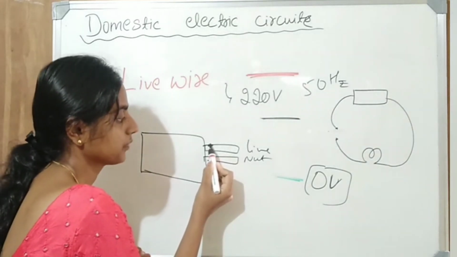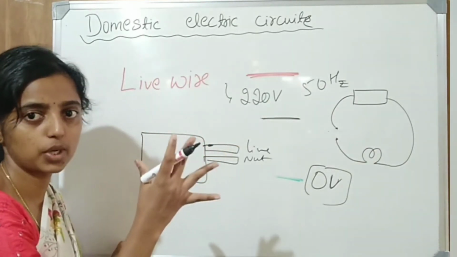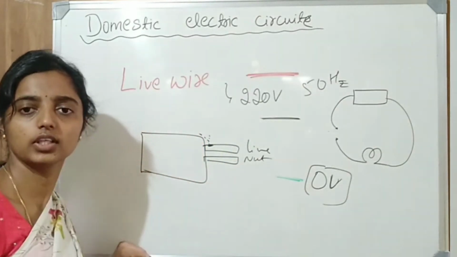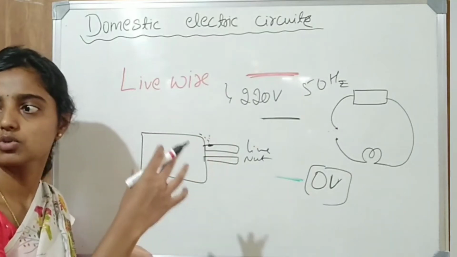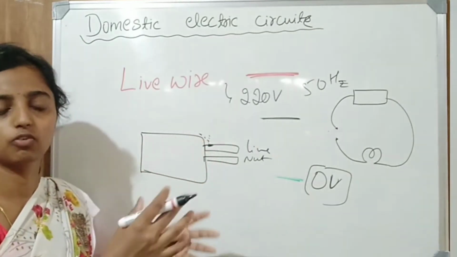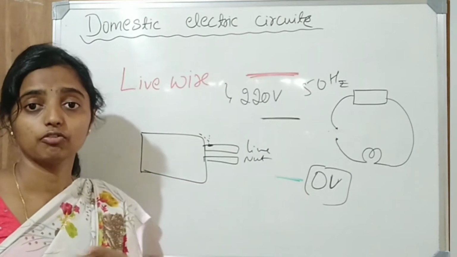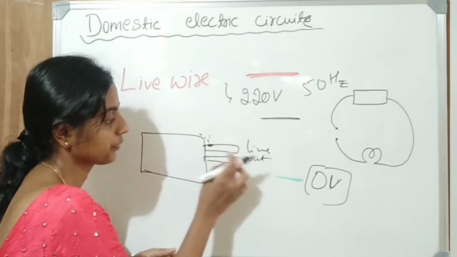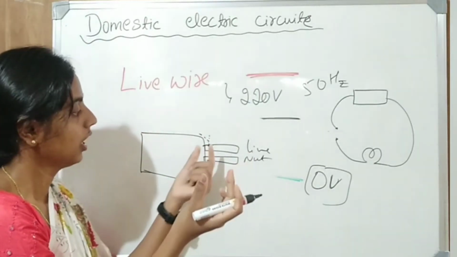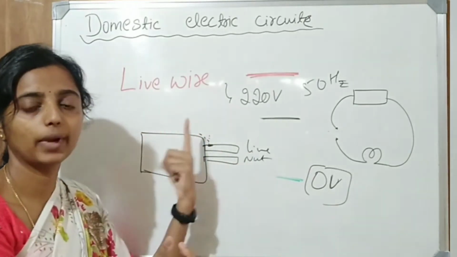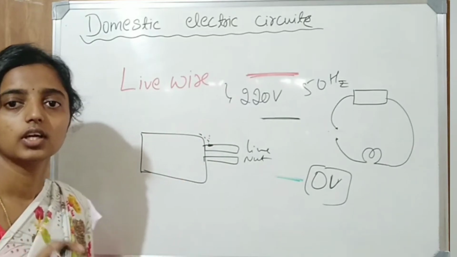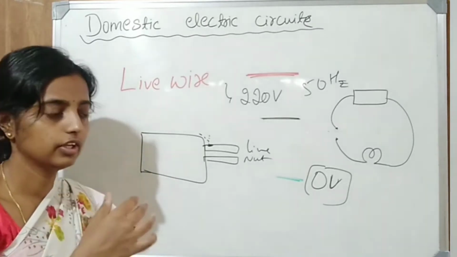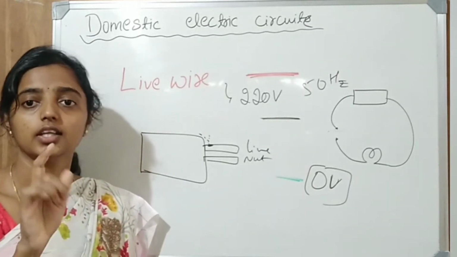So when some breakage happens in the insulation, the current will start flowing on the metallic body, and we know all the devices use metal in preparing them. So you see metallic surfaces on all the appliances. When the live wire gets exposed and the charges start flowing to the metallic body, we observe that in some cases, whenever we touch electric appliances, we feel a sudden shock, right? That is due to this.